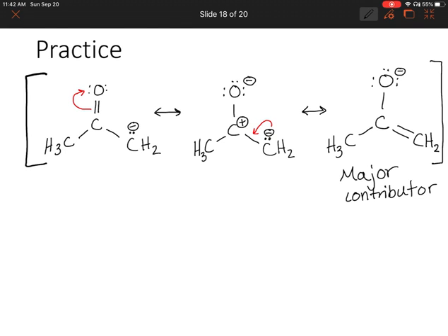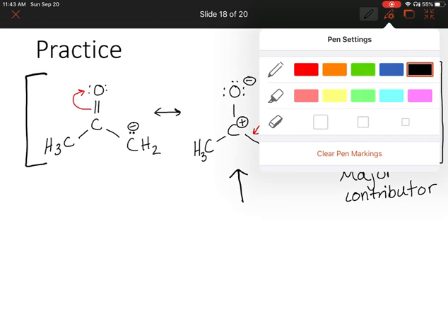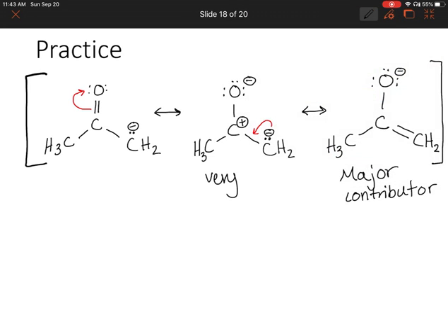But if we look at those two, the structure in the middle has a positive carbon and a negative carbon right next to each other. So that one is the worst contributor, right? So this would be very, very minor in terms of how it contributes to our hybrid structure.